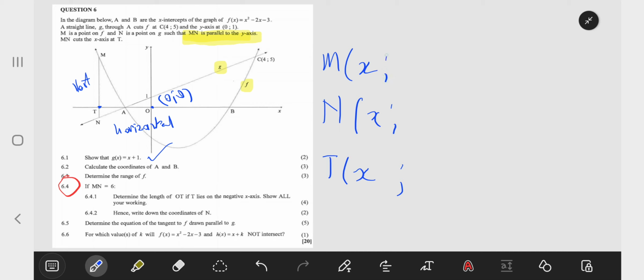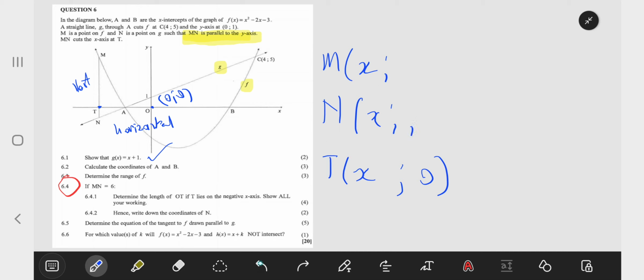Only the y differs, right? But now looking at the y of T, since T lies on the x-axis, on the x-axis y is equal to 0. So the coordinate of T, the x, is the same as that of M and N, with y equal to 0, right?